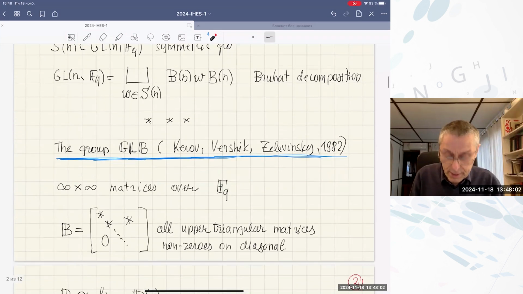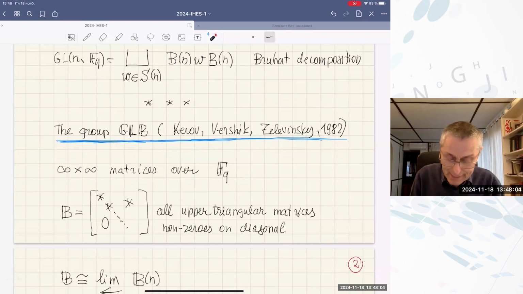And what is its definition? Let's consider matrices over our finite field of infinite order and introduce the group which will play the role of a Borel group, which consists of all invertible matrices which are upper triangular. This means that below the diagonal we have zeros, on the diagonal non-zeros, and elsewhere anything.